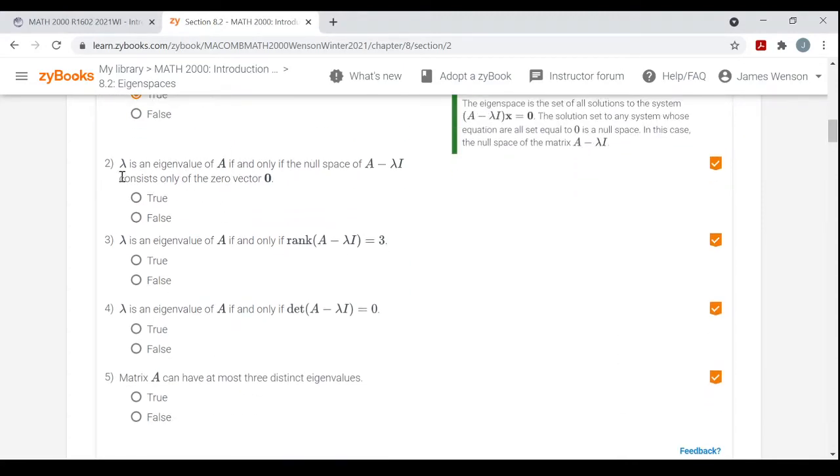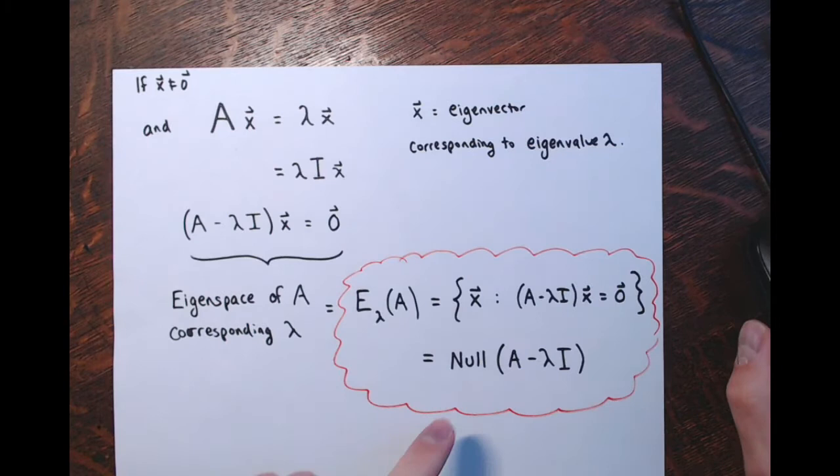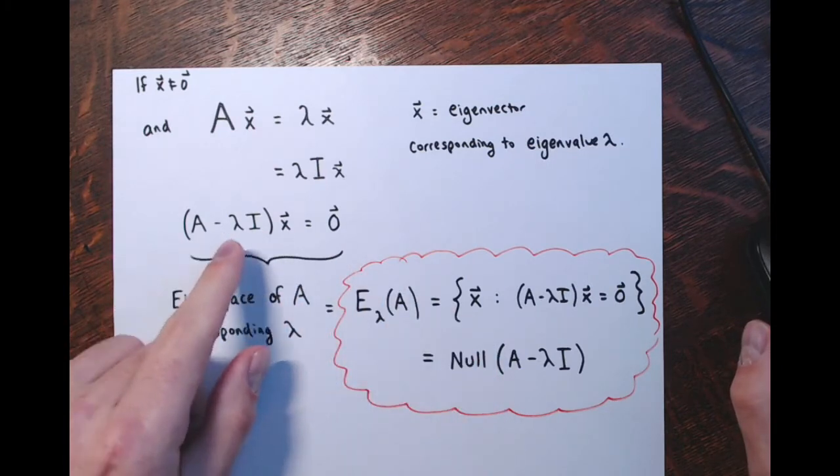And then, lambda is an eigenvalue of A if and only if the null space of A minus lambda I consists of only the 0 vector. No, that's not true, right? The null space, again, back here, this equation.